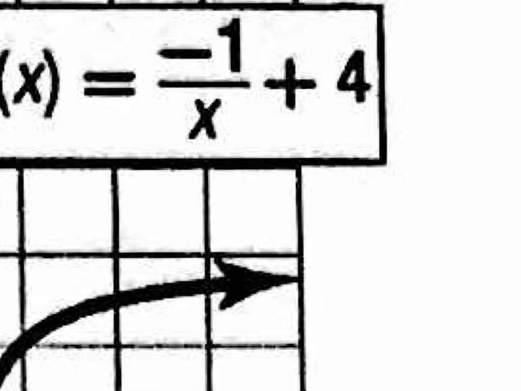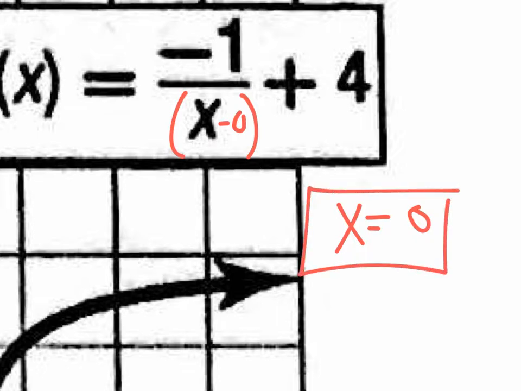So what is h? Remember, h is always inside parentheses with x. What's your h value? h is 0, right? There is no minus h right here, so it's technically a 0. So x equals 0, the h value, gives you your vertical asymptote. Now, how about your k value? It's 4. You just take it for what it is, right?